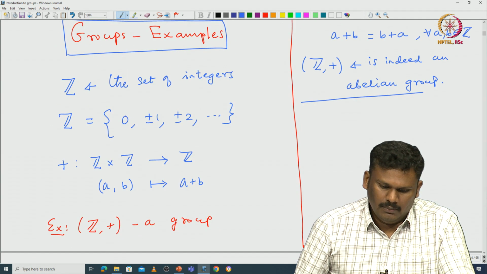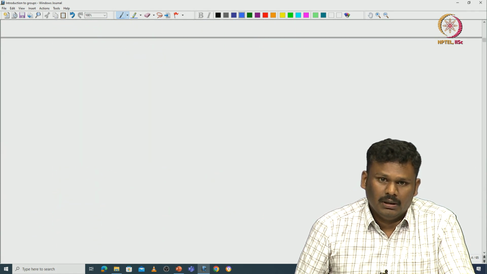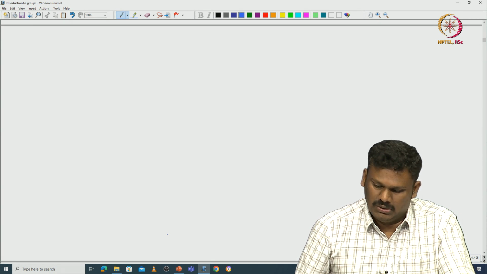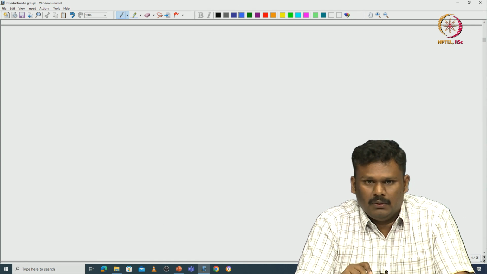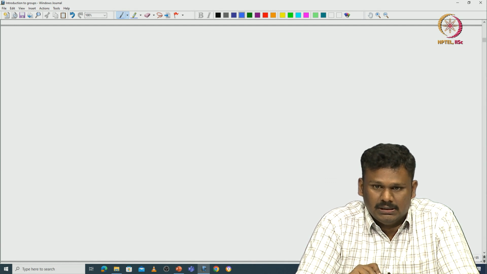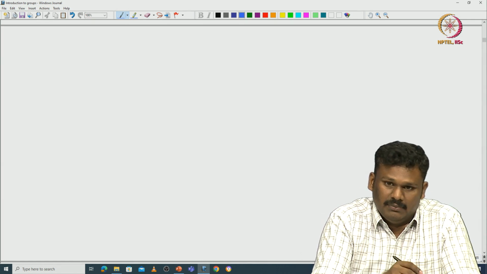Before moving forward, I want to give you some more examples, coming from objects that you know already. For example, we can take the set of all matrices. That is again a group with respect to addition. You can take any n by n matrices.